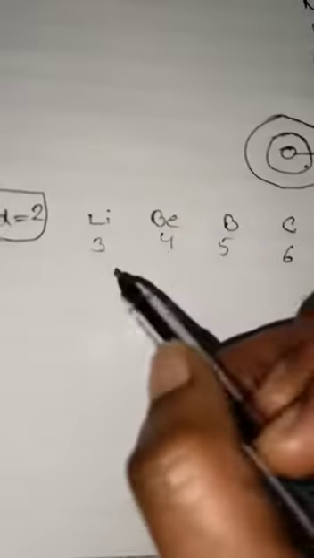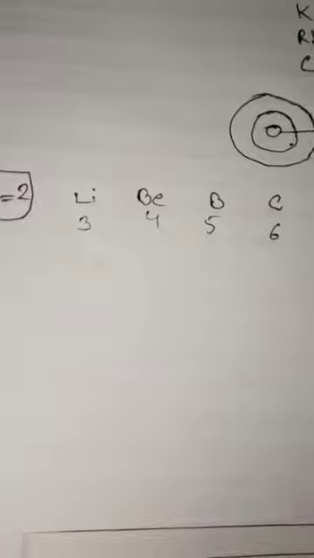You know very well the atomic number is equal to the number of electrons and the number of protons. So the number of protons and the number of electrons are both equal in this. It means here plus 3, the number of protons will give the nuclear charge.